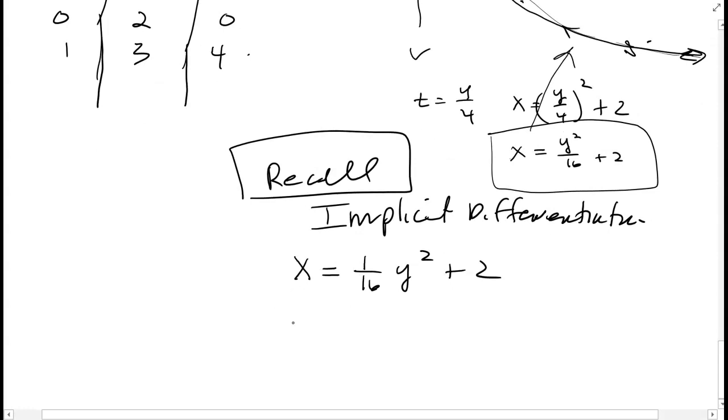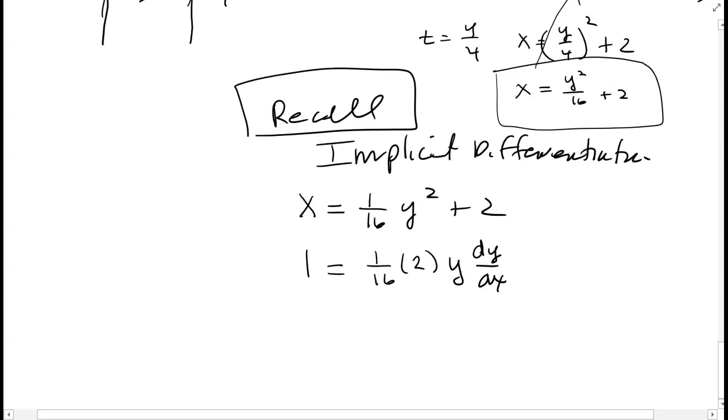So implicit differentiation says, all right, to find dy dx, dy dx of x is just 1. Dy dx of 1/16 y squared is 1/16 times 2 y to the first, but then times dy dx. Because technically the derivative of x is 1 dx dx. We won't write dx dx. And then the plus 2 goes away and becomes 0.